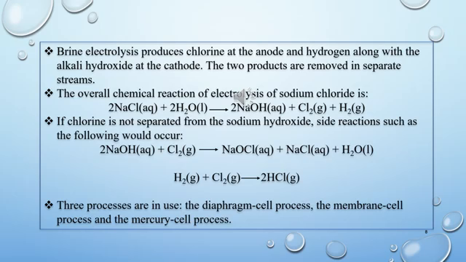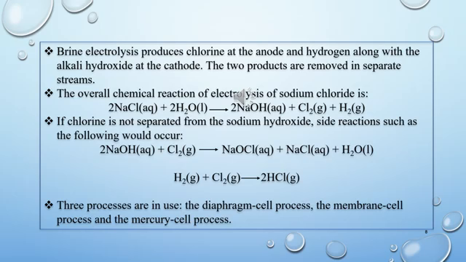So in this point, we said that chlorine is produced at the anode and hydrogen and sodium hydroxide are produced at the cathode.